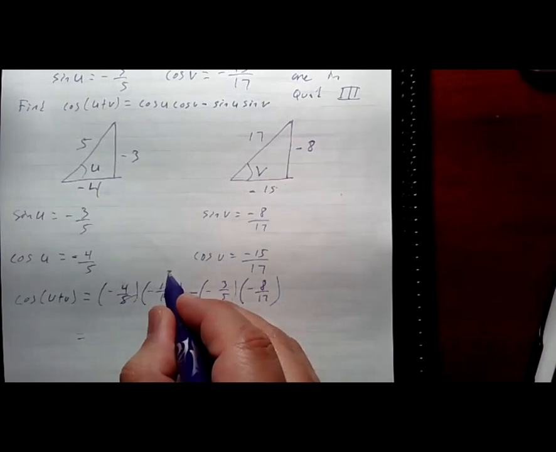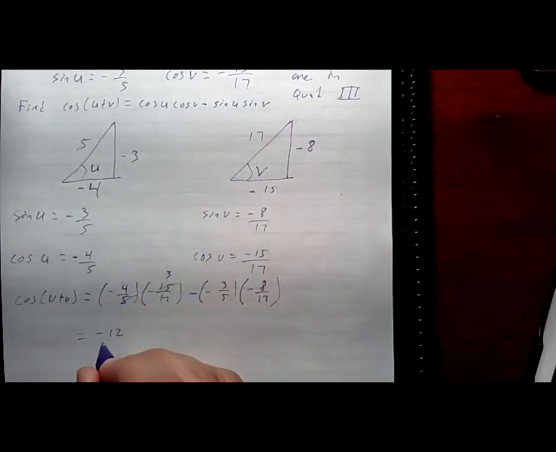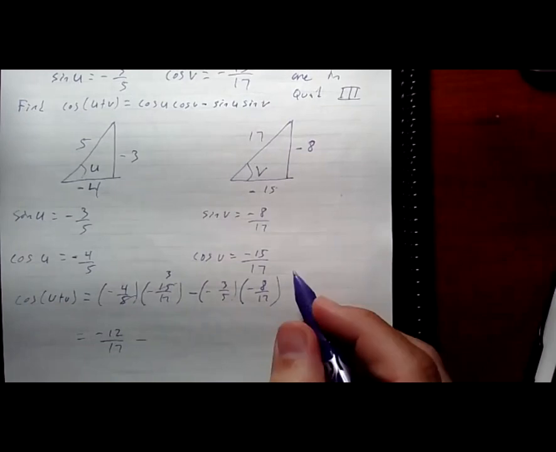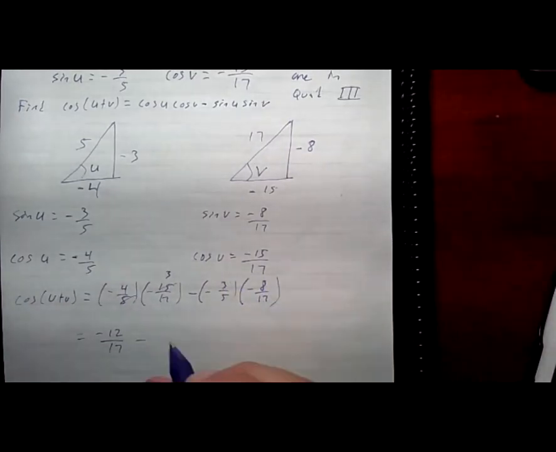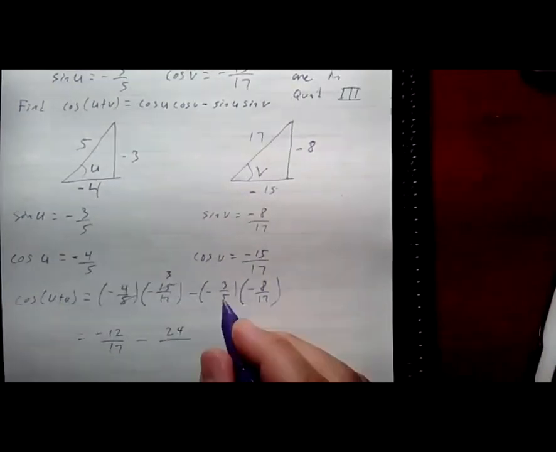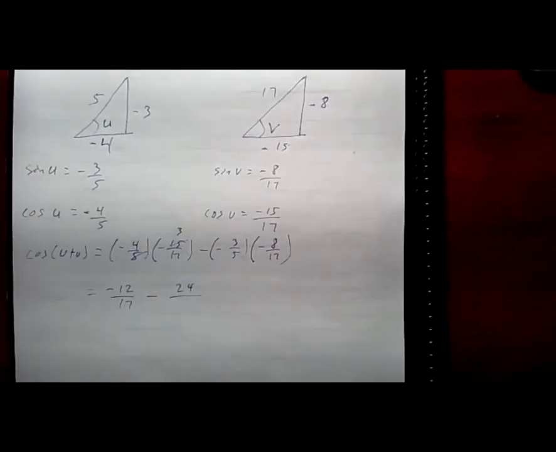Do this multiplication and you're done. Negative times negative is positive. 4 times 15, what is that? Well, actually, these reduce. It's 3. Negative 12 over 17 minus. These do not reduce. 3 times 8. 5 times 17, I don't know what that is. 85.